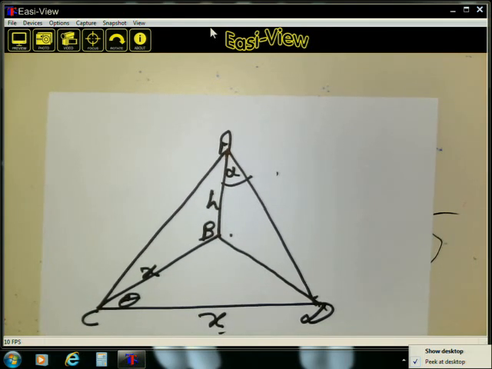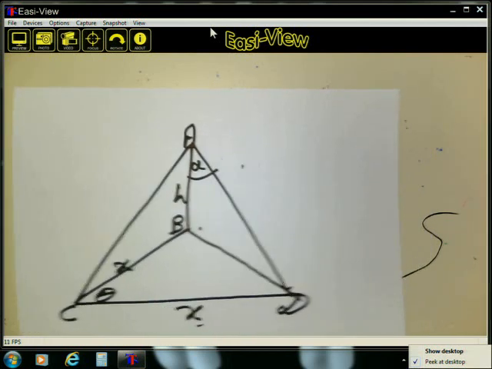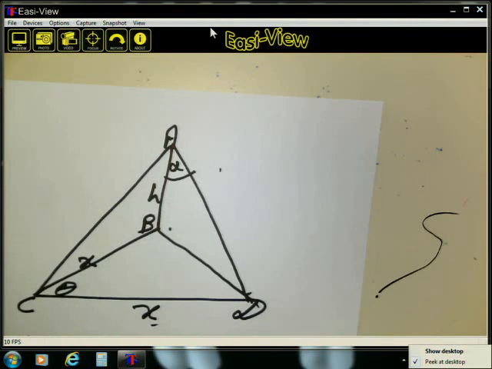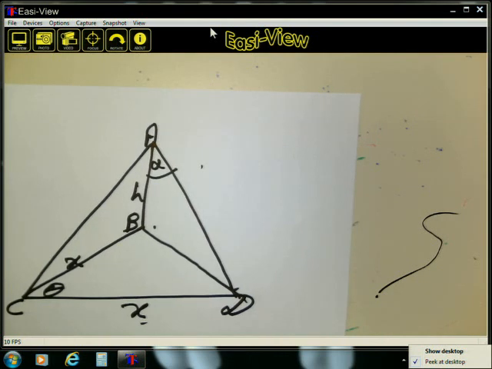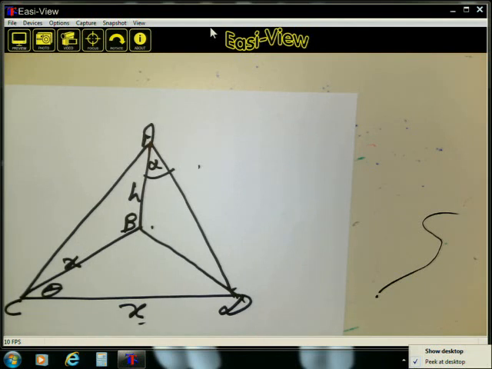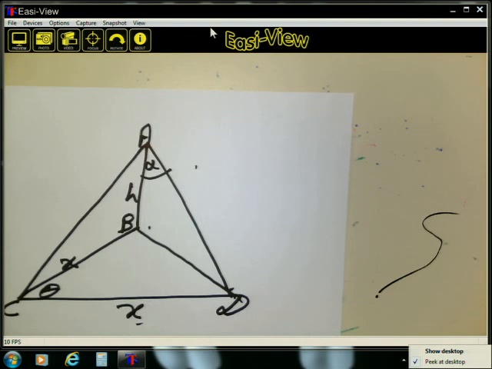We are required to show that BD squared is equal to 2x squared into 1 minus cos theta.